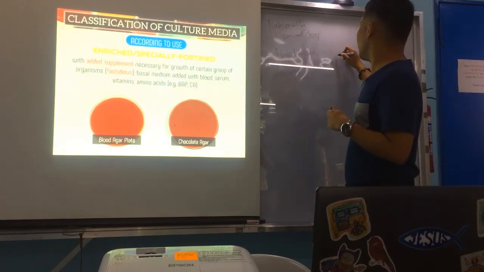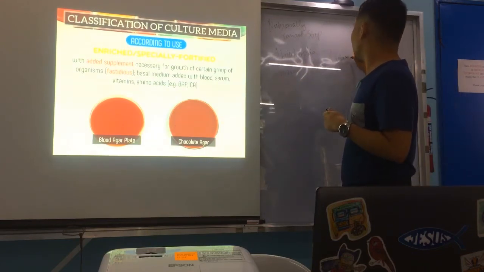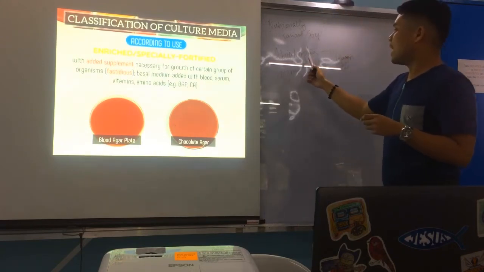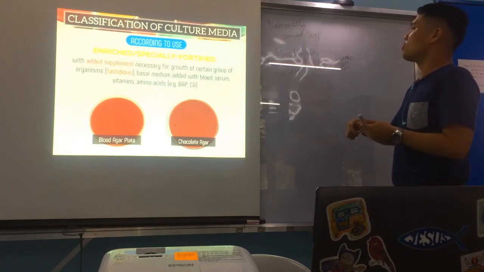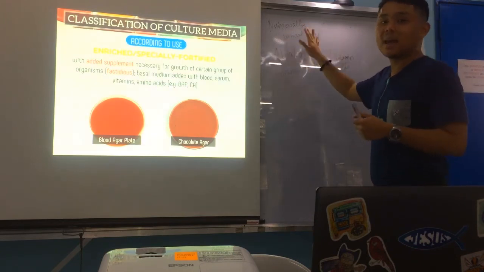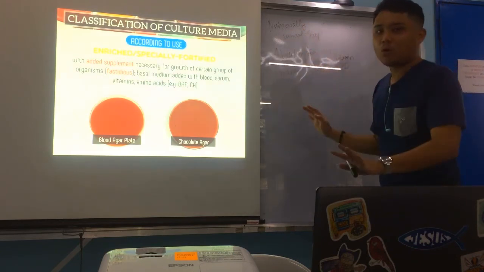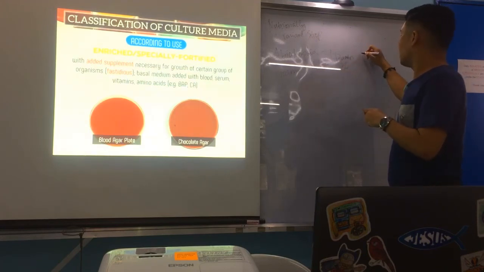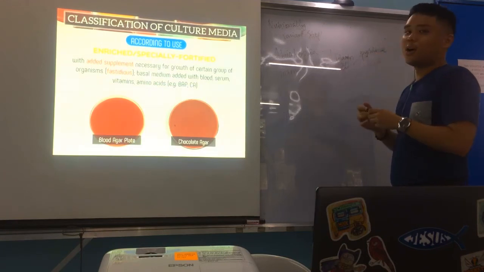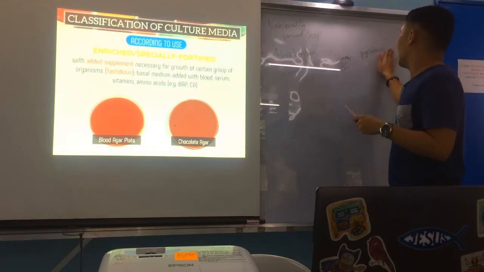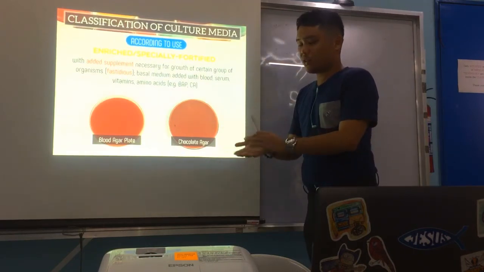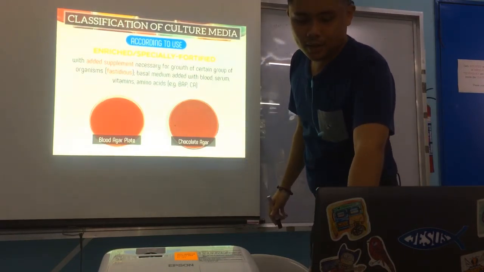They require vitamin B6 in their culture media. So these are your nutritionally variant strep. Under the Streptococcus family, they need vitamin B6 or pyridoxal. So again, that's for enriched, usually for fastidious organisms.